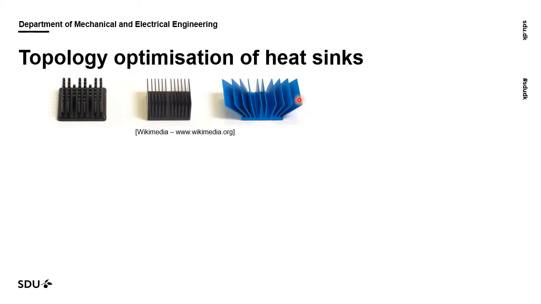Common to all of these, they are very cheap to produce. They are relatively good and often applicable to a variety of situations. There are a lot of standard geometries that you can look up in a catalog and order one that you need, as long as you pay special attention to the orientation of especially straight fin heat sinks.